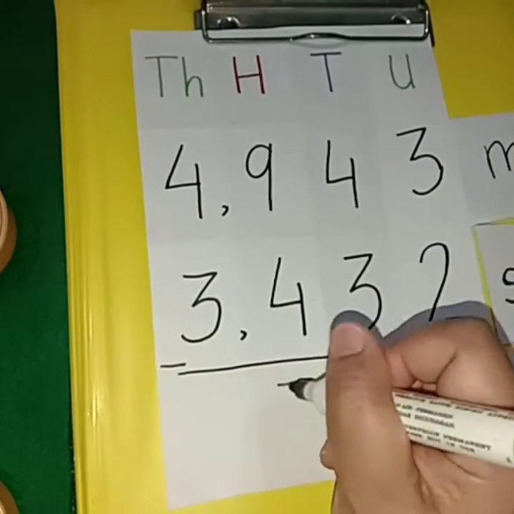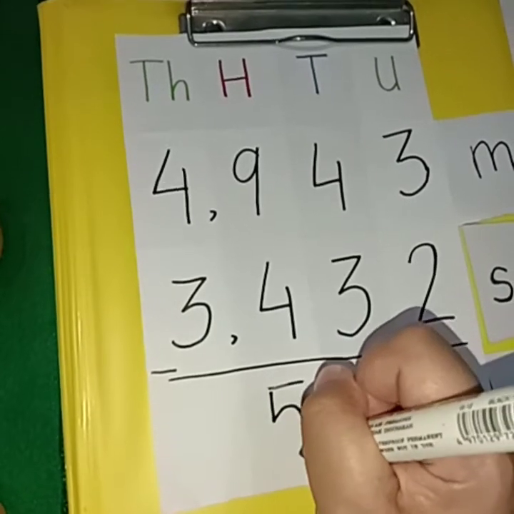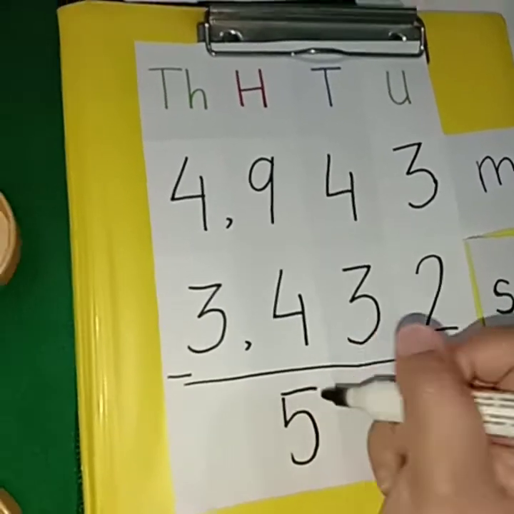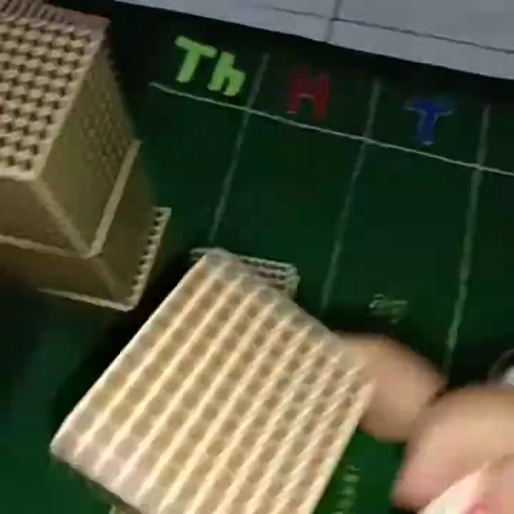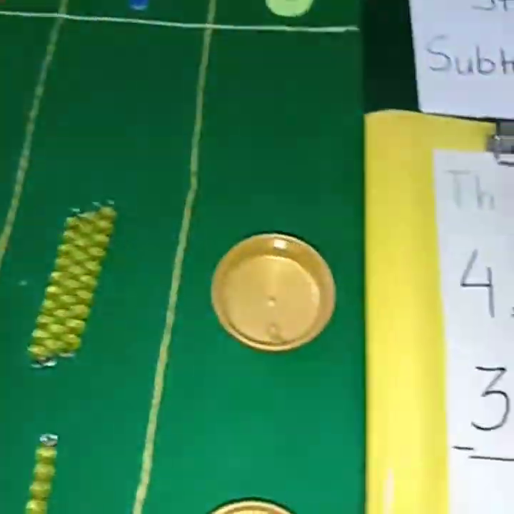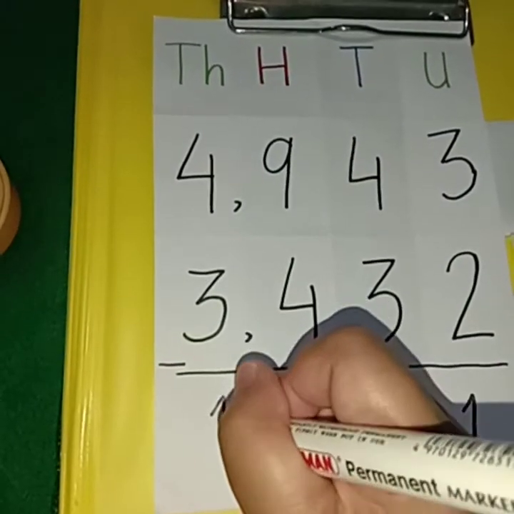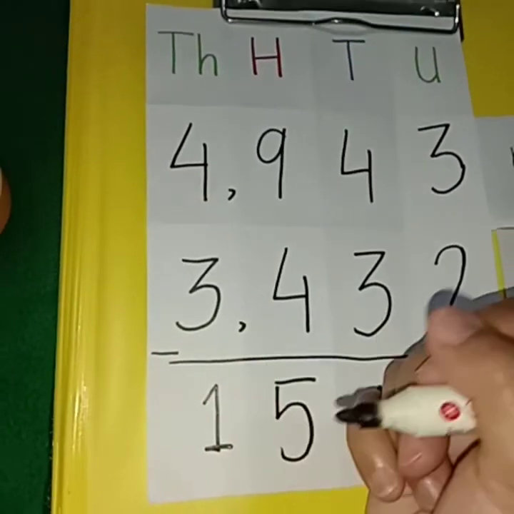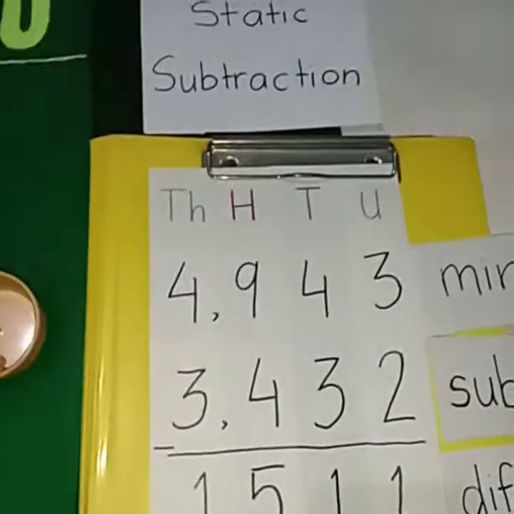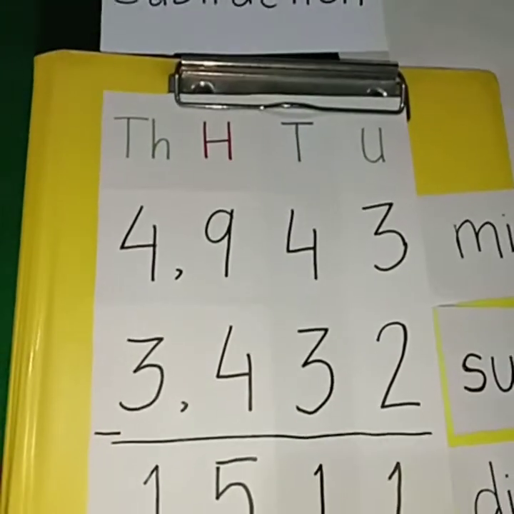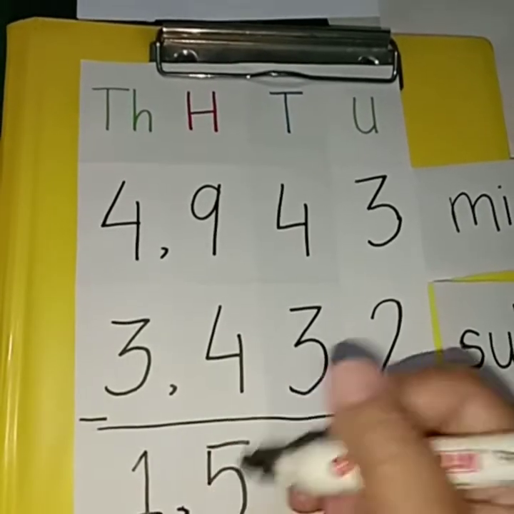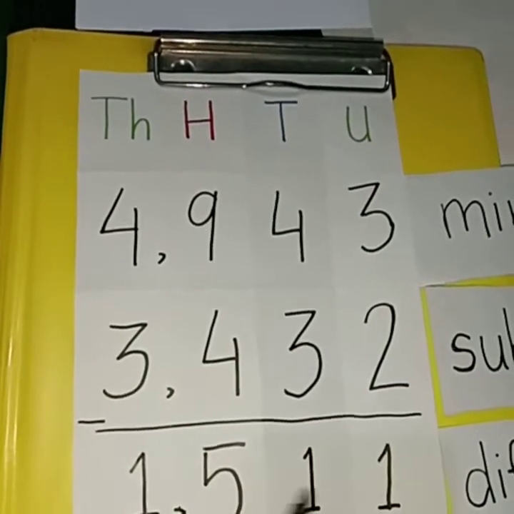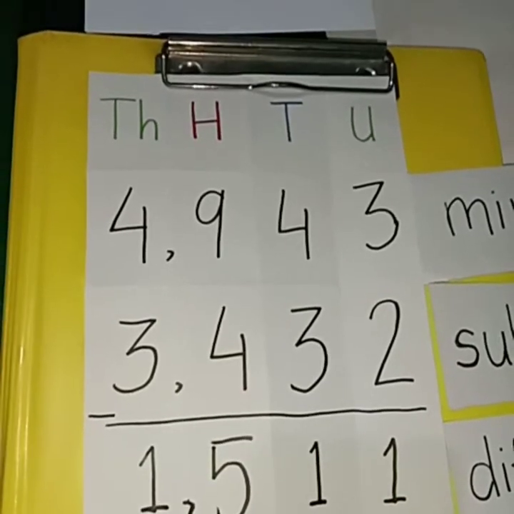We have to write down 500 on the paper. And then how many thousand? 1,000. So this is the difference from our static subtraction equation. And don't forget to put the comma here in the difference to separate the thousand family from the simple family.